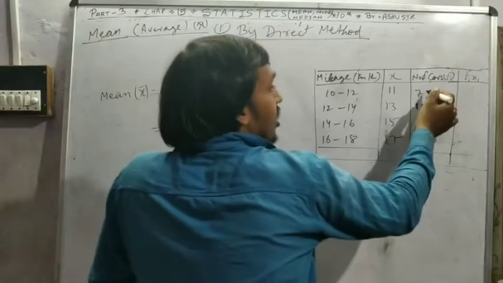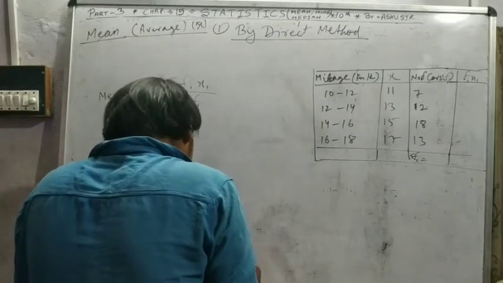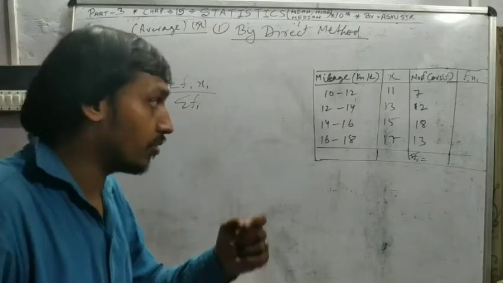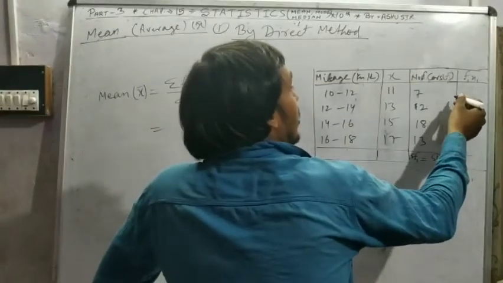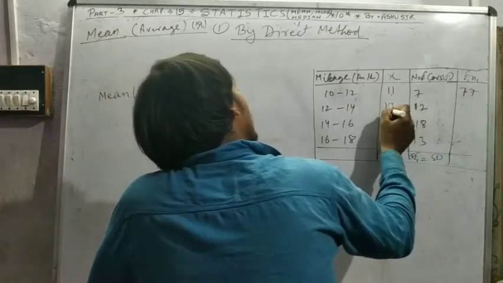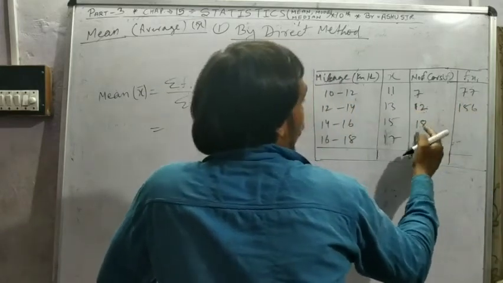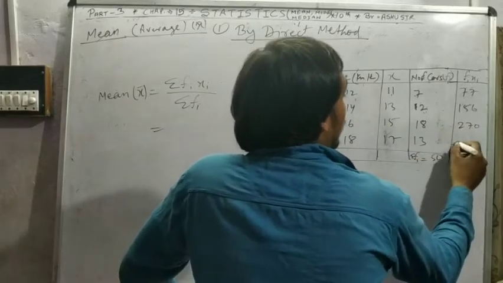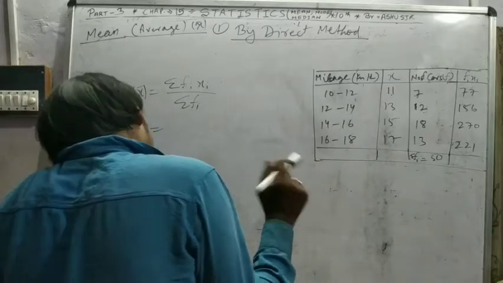So sigma f: 12, plus 8 is 20... the sum is 50. Now fx: f times x, 12 into 13 is 156, 12 into 13, 36... 80 into 15, 270, 30 into 17 is 221. Check the multiplication.